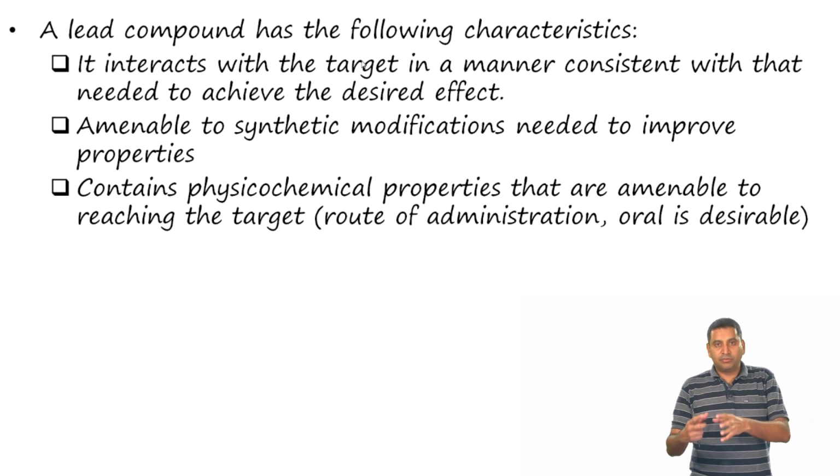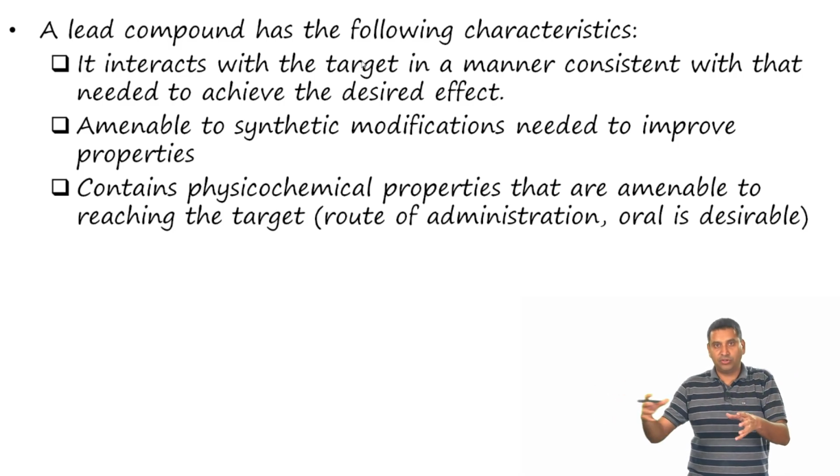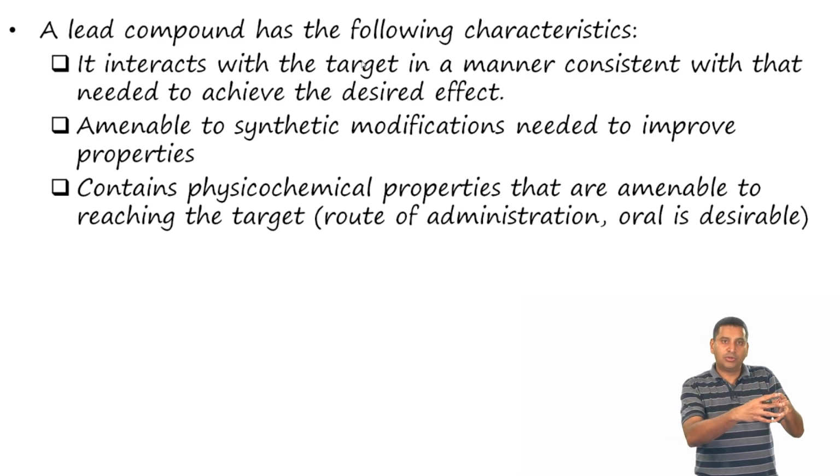And this lead compound should also be amenable to synthetic modifications. So, here you want to make the structure fairly versatile, so that you can make multiple modifications around the scaffold. We look at this in detail towards the later part of the course, but you may want to design the compound such that you can make modifications.